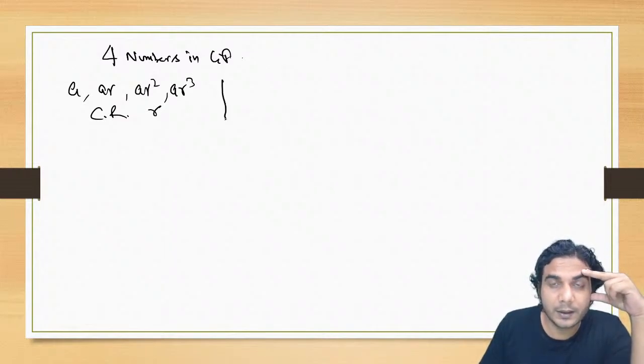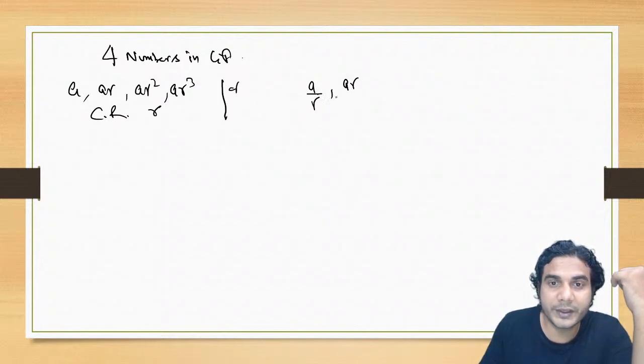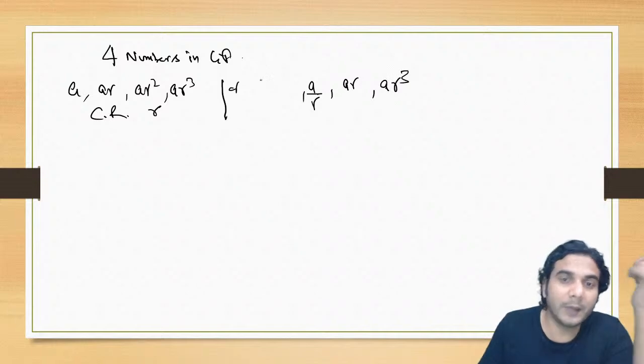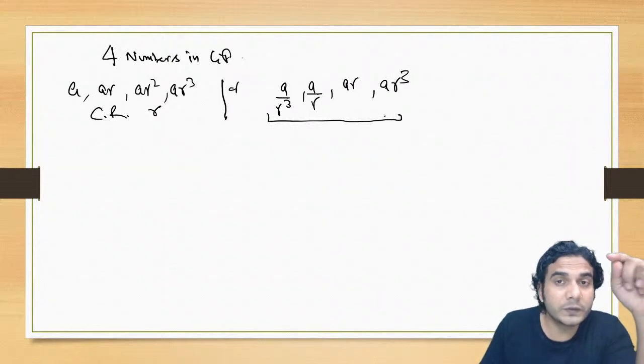But if the product is given, then you can take them in this form: AR and then A upon R. Now you won't take A. It will be AR and A upon R. If these two are consecutive terms, then the common ratio will be R square. So the next term will be AR cube and the previous term will be A upon R cube. So these are 4 numbers in GP, and this will be useful if the product of the numbers is given.